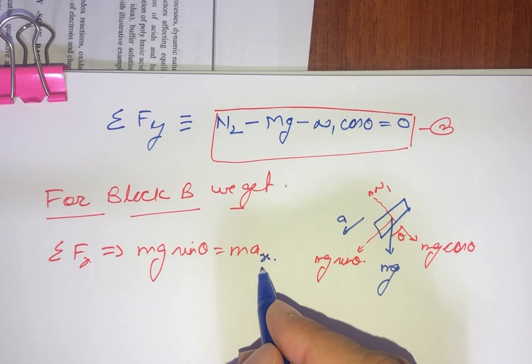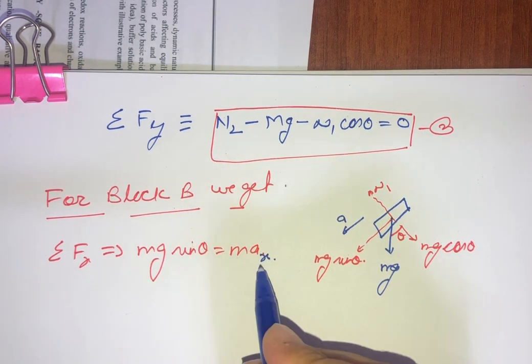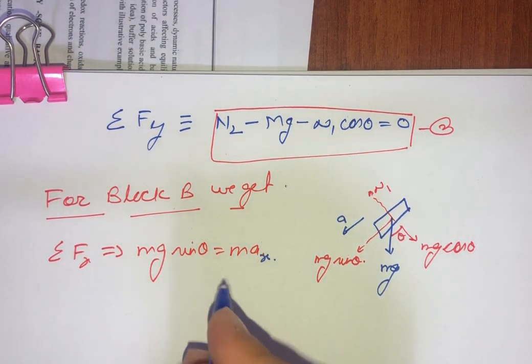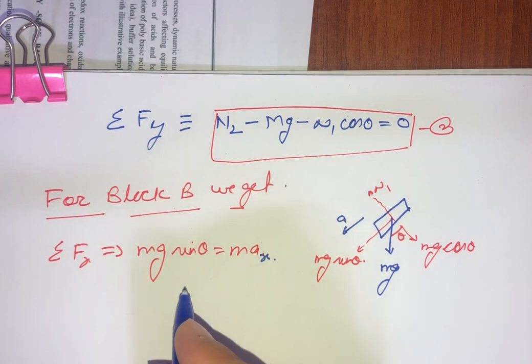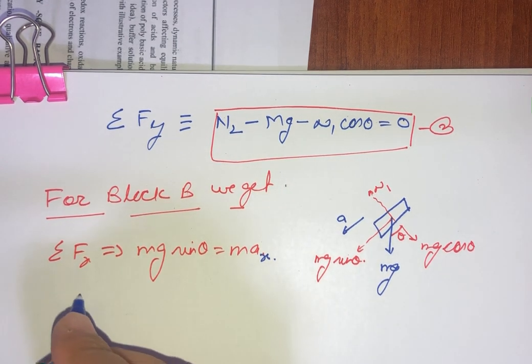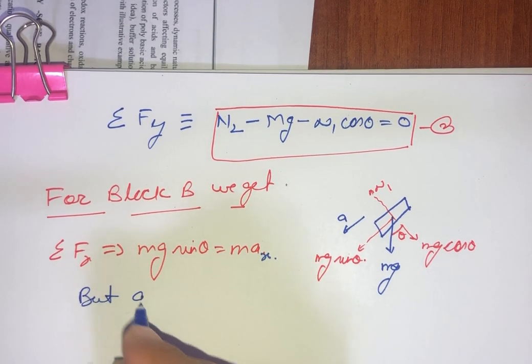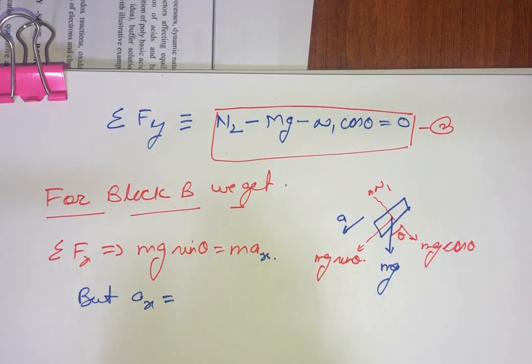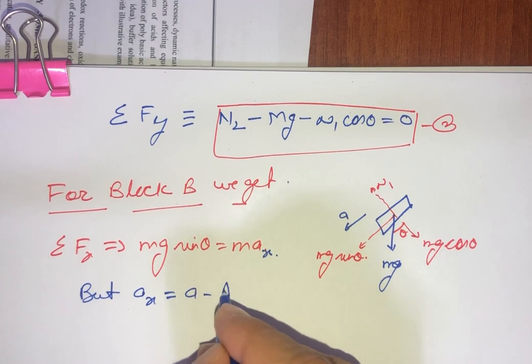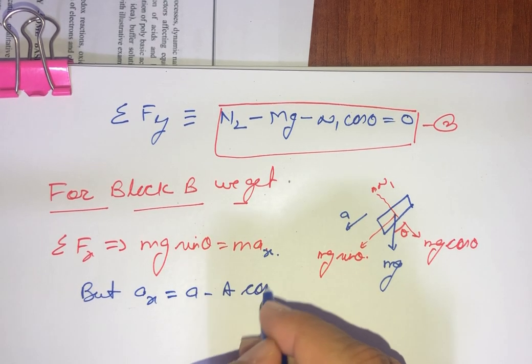We already know acceleration of block B in x direction, which we found already, a minus A cos of theta.